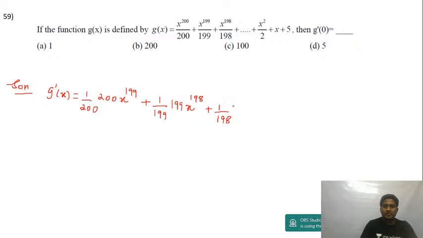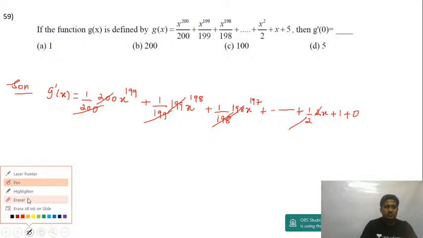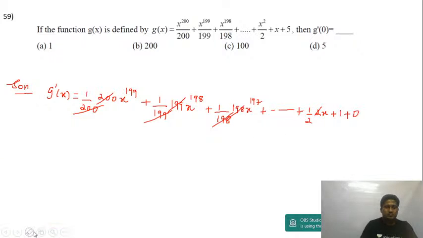Now if you differentiate, you get 198 x to the power of 197, and so on. This will continue. 1 by 2 is a constant, differentiation of x square is 2x, then differentiation of x is 1, and differentiation of 5 is 0. Now all these constants will cancel, 2 and 2 cancel.